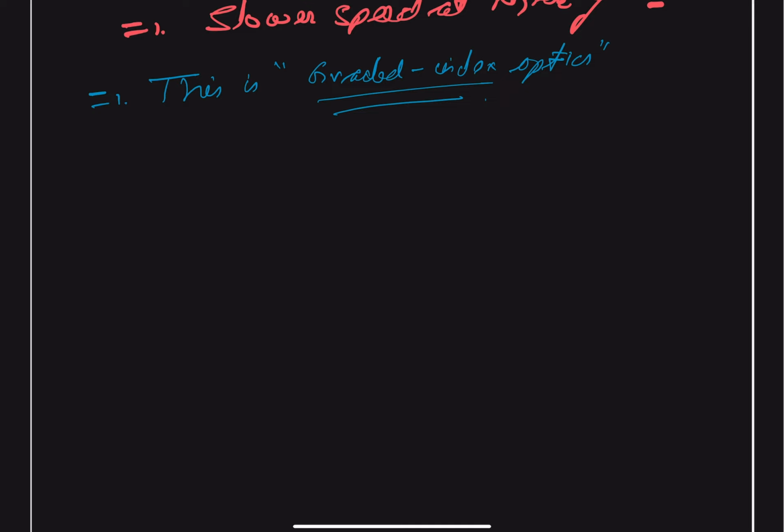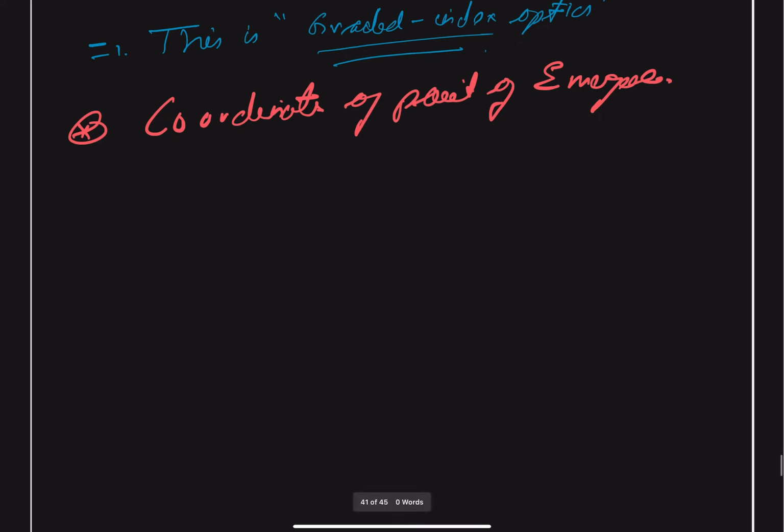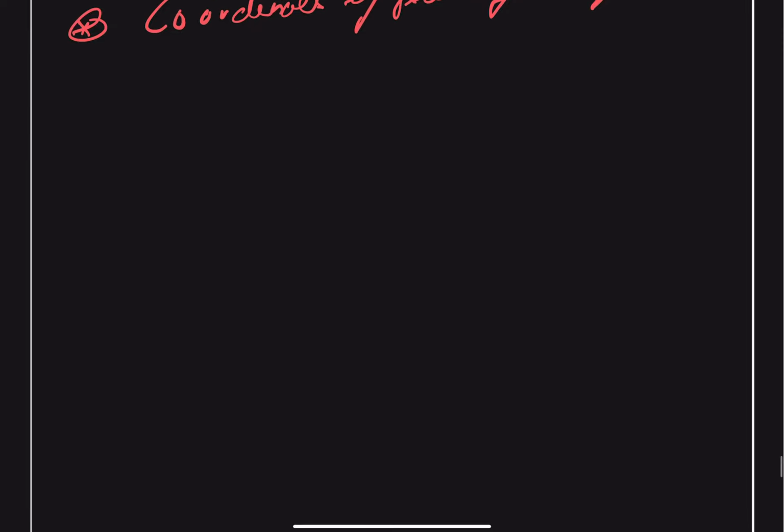And finally we have to find out the coordinates of the point of emergence. For that we can draw an approximate figure, or the ray diagram.